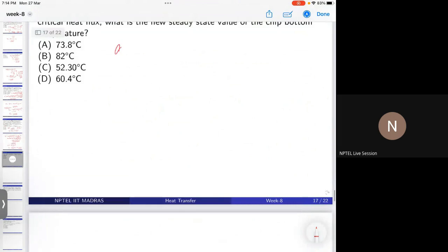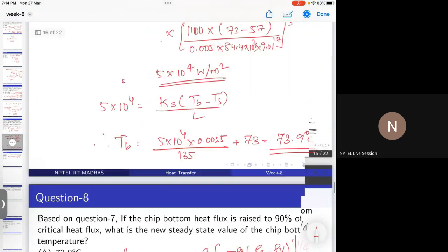So the critical heat flux, or the maximum heat flux, is 0.149 HFG rho V, rho L minus rho V, square raised to 1 by.